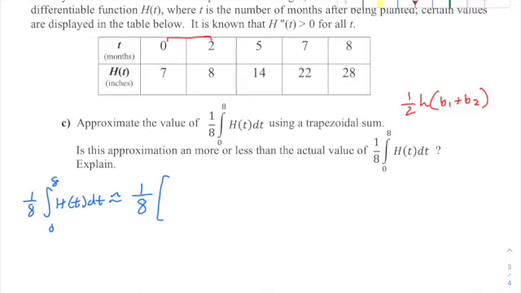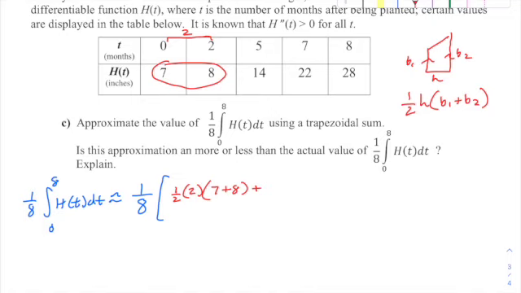The first interval is 2 units wide. That is the height, because remember, these are kind of trapezoids turned on their side, where those vertical lines, the y values, are the bases, and the height is your delta x. Okay, so the first trapezoid is 1/2 of that delta x of 2 times the sum of the bases, which are 7 and 8. 7 plus 8.